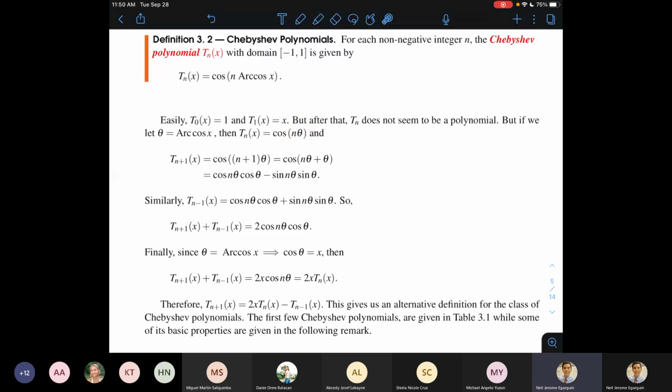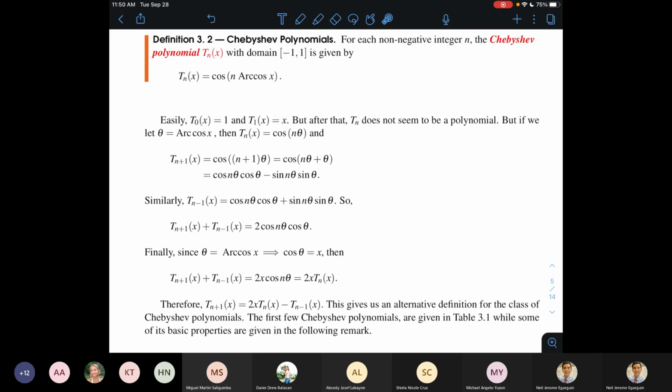And then I can compute the degree n plus 1 Chebyshev polynomial. So I'll just replace all n's in this definition by n plus 1. So you get this. And then you multiply the arguments. You get cosine of n theta plus theta. And then you apply your trigonometric identity for the cosine of a sum. So you will get this.